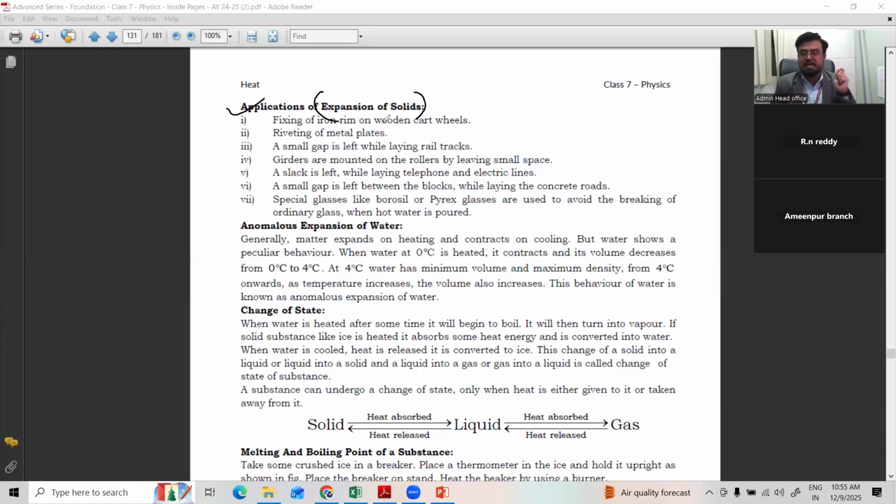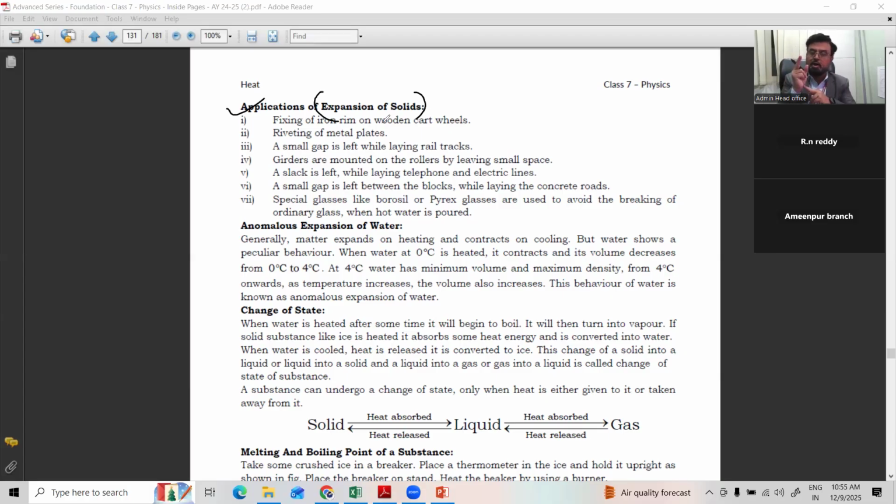Whenever a solid is heated, it undergoes expansion, either lengthwise, area-wise, or volume-wise, because a solid has a perfect geometrical structure.